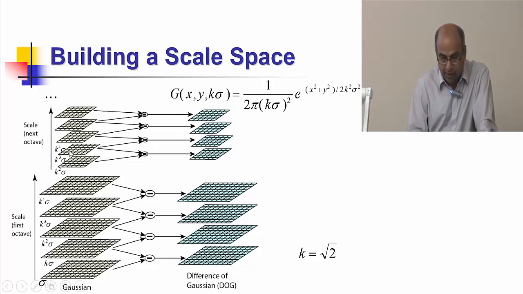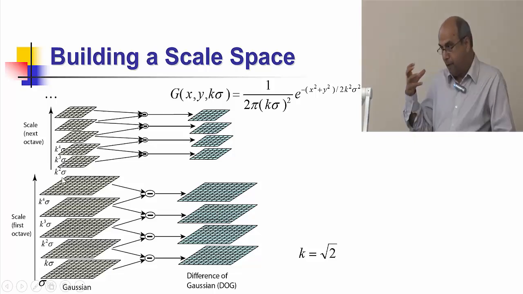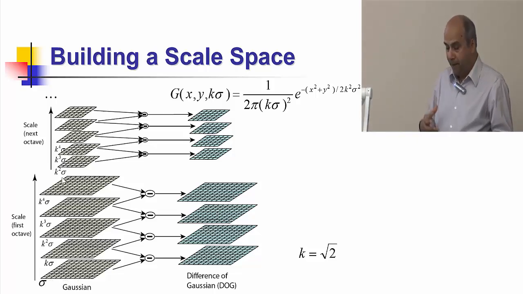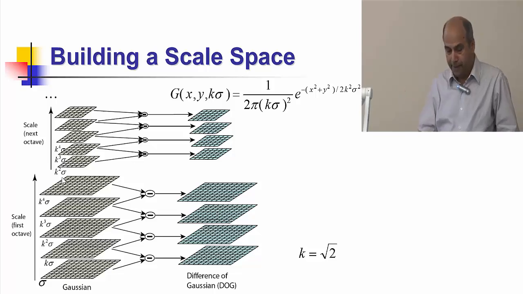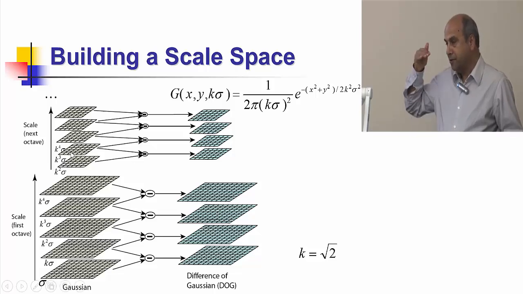Now as you see, since the resolution here is half in x and y, this k squared sigma will have much more effect compared to k squared sigma at the bottom level, because here the image size is reduced to half in x and half in y.